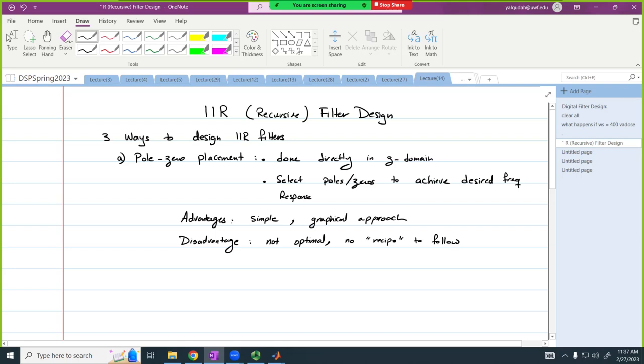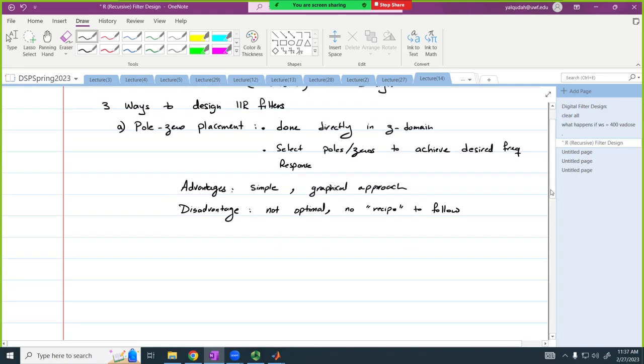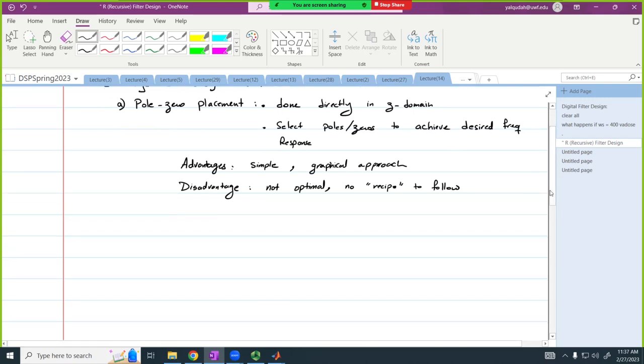So the first method is the pole zero. We're going to be looking at it and doing examples on it. This is the way it works: we place the poles and zeros in order to achieve a certain frequency response.